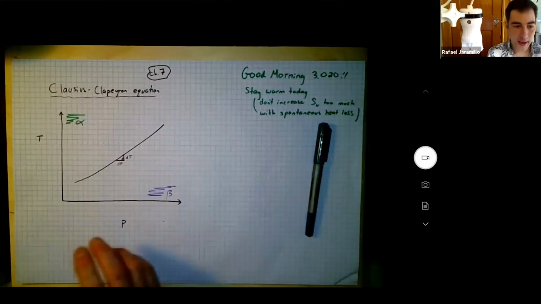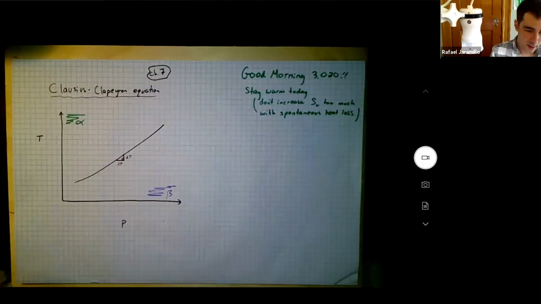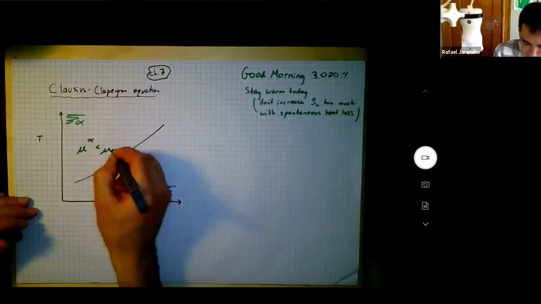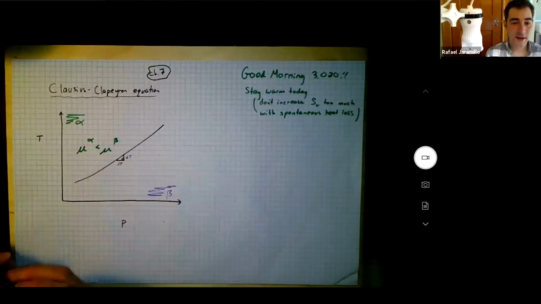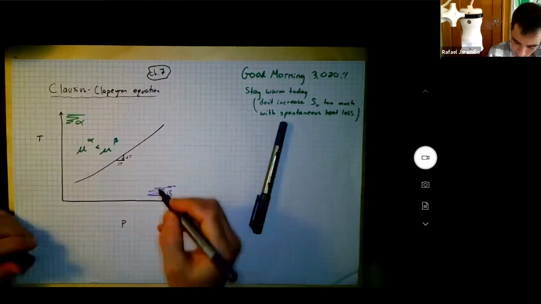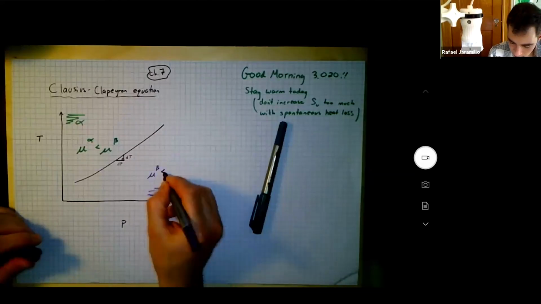Okay, what makes these phases stable? Well, over here, mu of alpha is less than mu of beta, right? That's the definition we developed last time. And over here, mu of beta is less than mu of alpha.